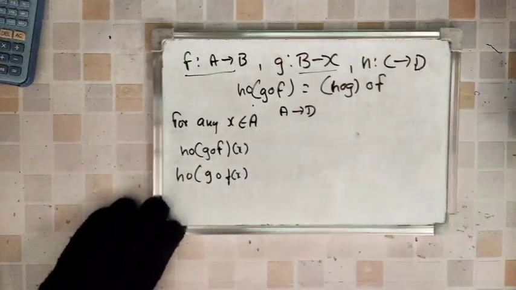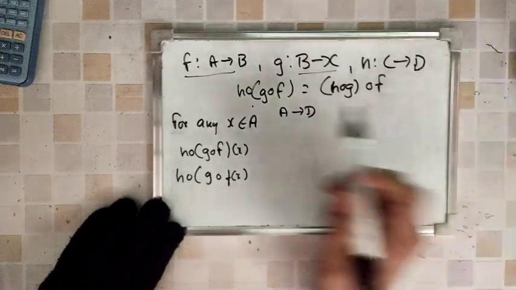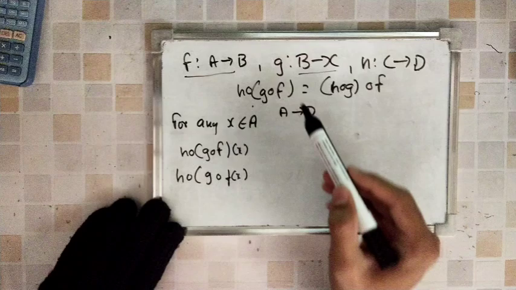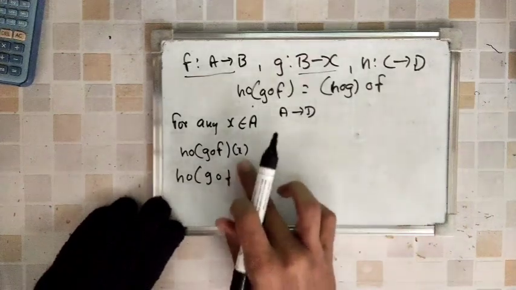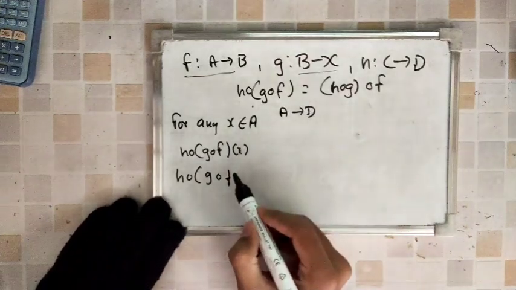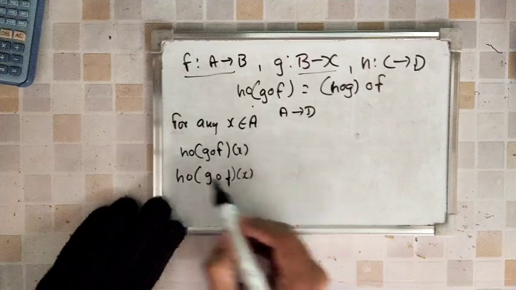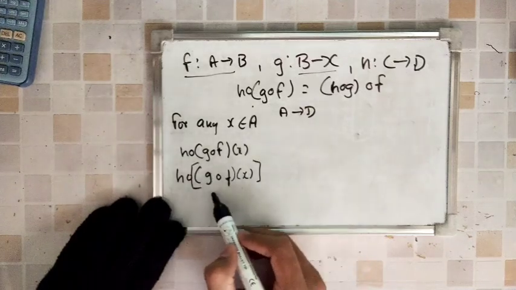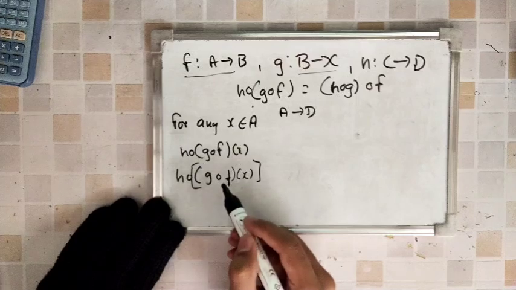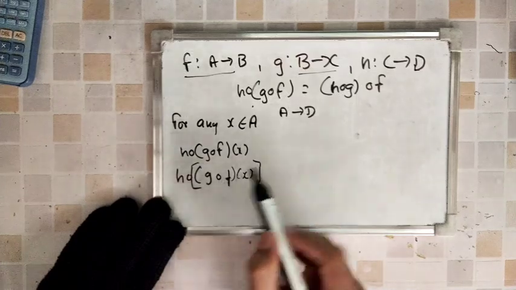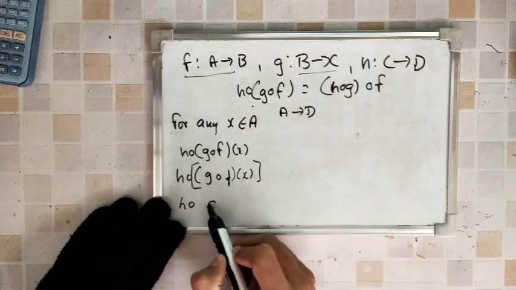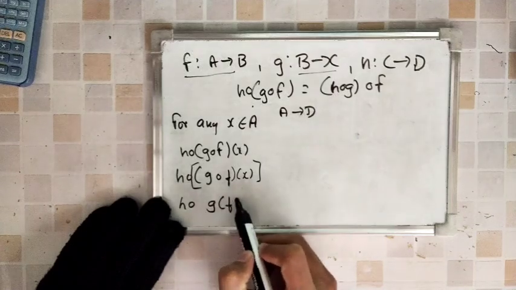Okay, first I will take (h composition g composition f) into x. So first this will happen: this will be g of f of x. It was like this, then it becomes like this. Then how will this convert? So this will become h composition g into f of x.